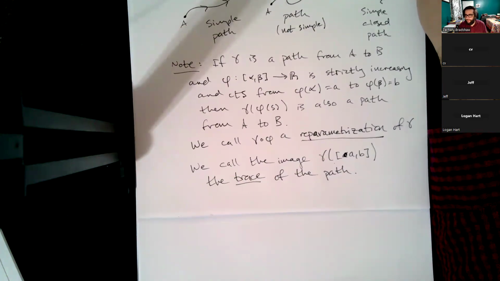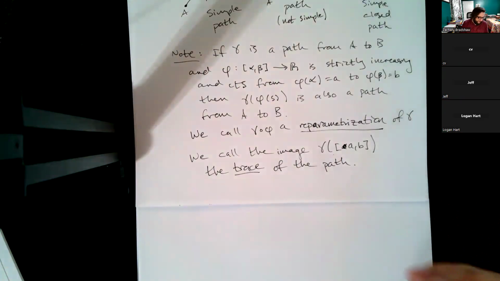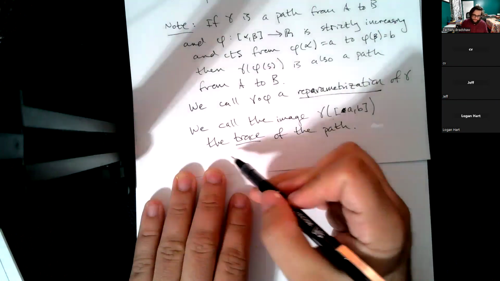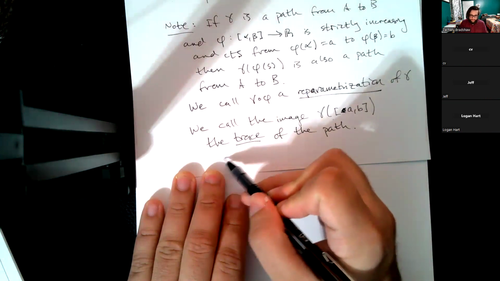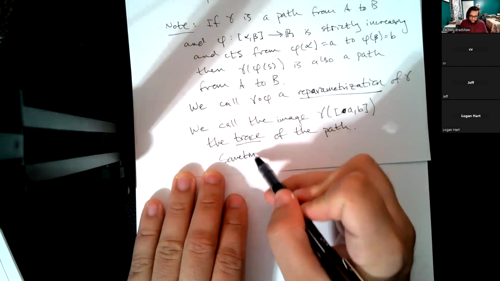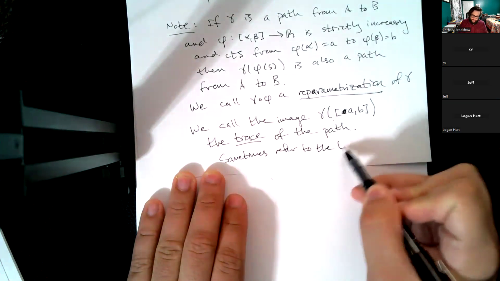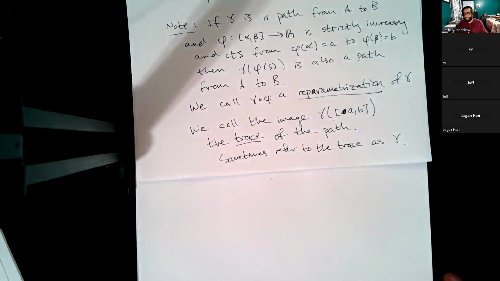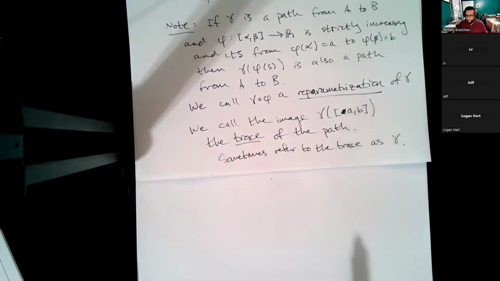And so I don't really like this terminology, but we'll try to stick to the book. We'll also be absolute animals and sometimes use an abusive notation where we refer to the trace as just gamma when the context is clear. And what we really mean is gamma of the interval from A to B.